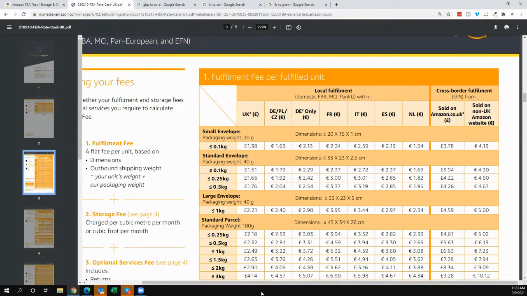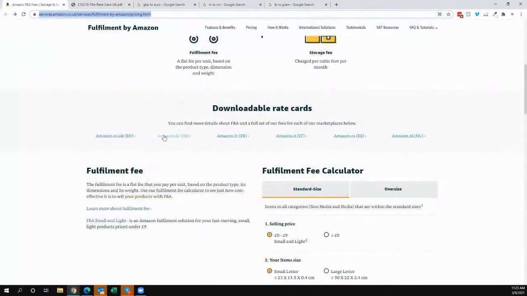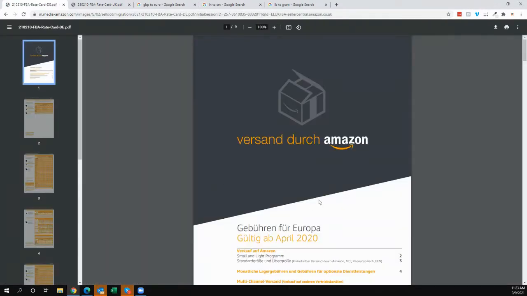Now, there's what's called the European Fulfillment Network, where you are selling to customers outside of, let's say, the country where you're holding goods. If you're holding goods in Germany and you're selling to customers in Italy, then you would need to come back to here and you could use this one. And this one gets a little bit more complex because it is in German.